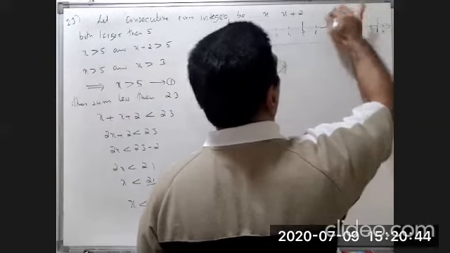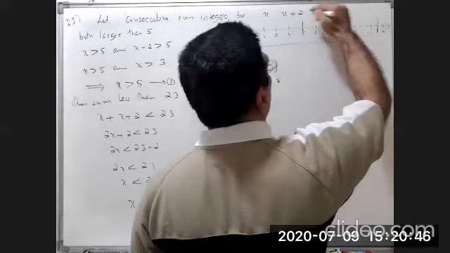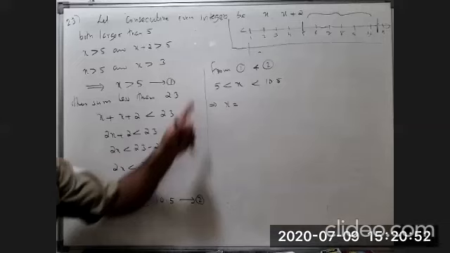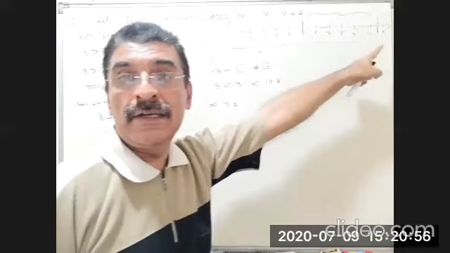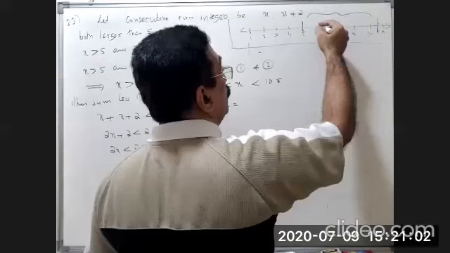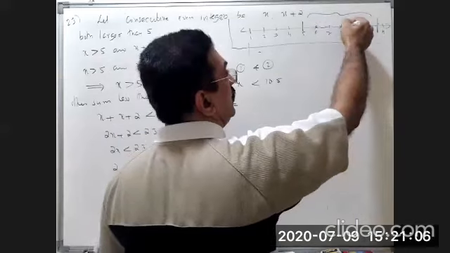So our required number is in this area between 5 and 10.5. That too, the numbers are even. So how many even integers are there between 5 and 10.5? Even integers. So 6. Next one, 7 is not even. 8 is even. 9 is not. So we have 3 numbers.